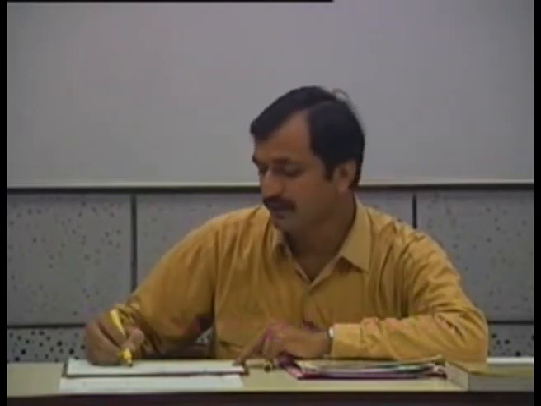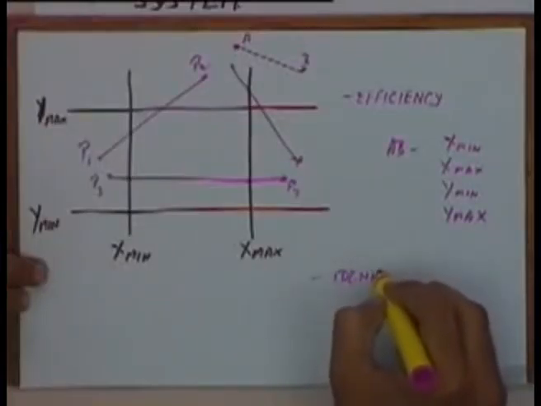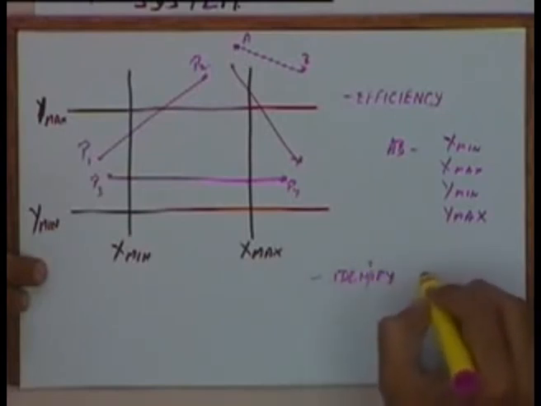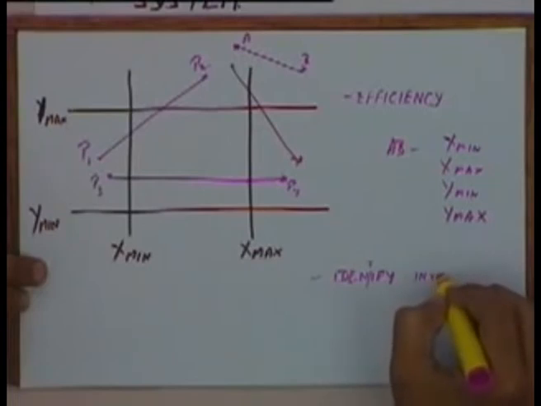I should not try to clip them or find the intersections with the boundaries. So the first thing that we will do is identify invisible lines.